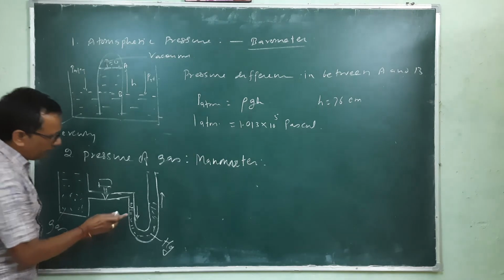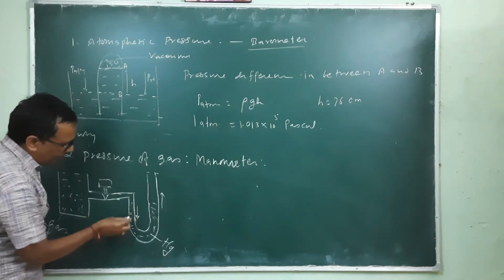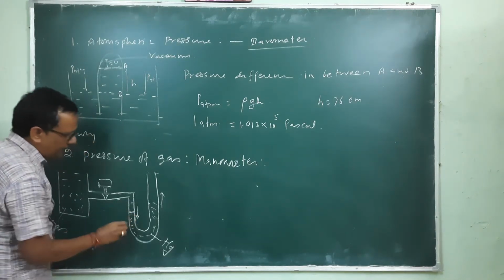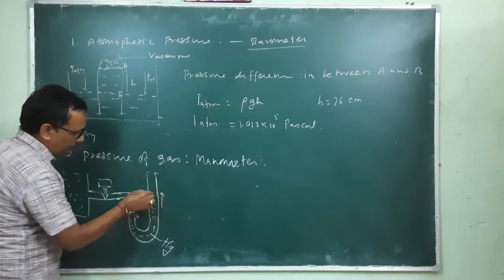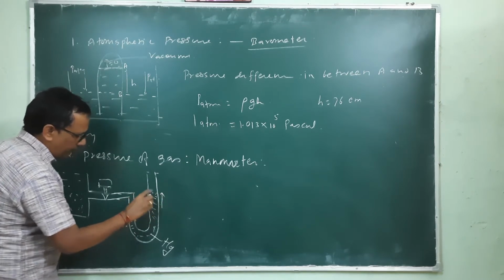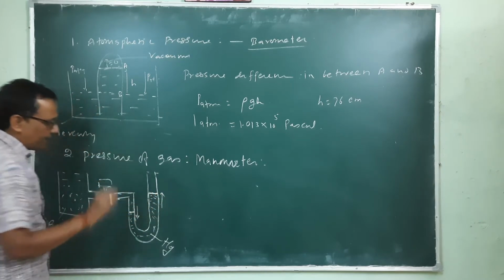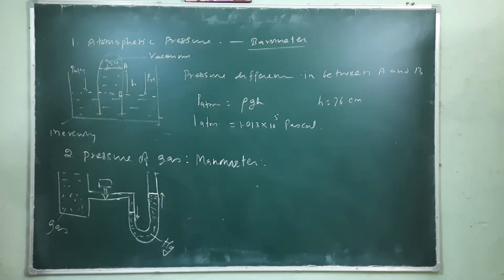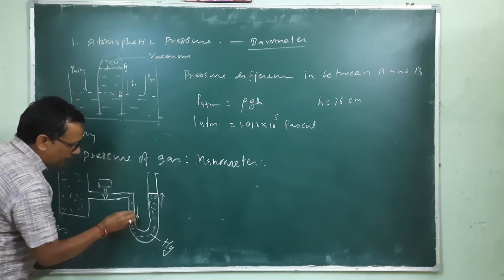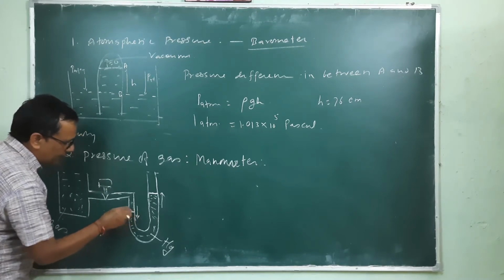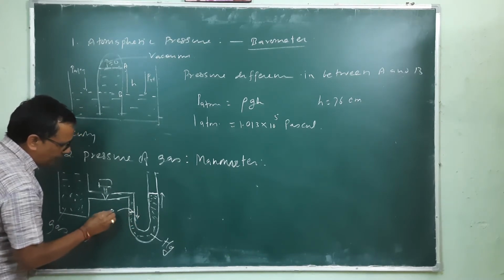So the new level of that mercury will be here, and the increase in this column, because the shape is the same, is up to this point. Let us represent this point as PA.